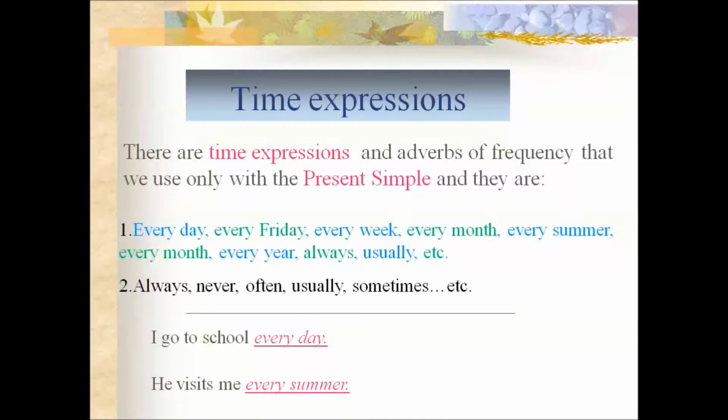It doesn't matter whether you always do it, or often, or never, but when you use an adverb of frequency, just use the present simple. For example, I go to school every day. I always go to school. That's it. This is the use of the present simple.